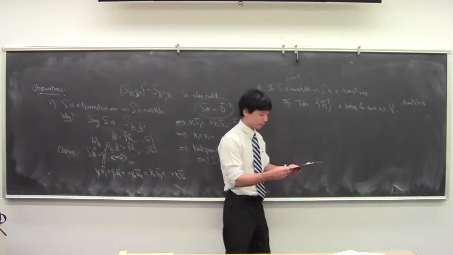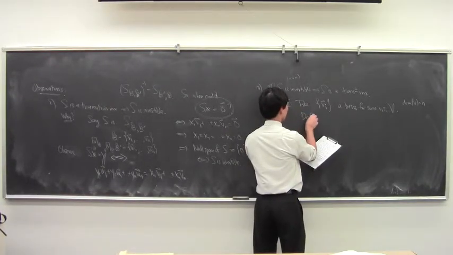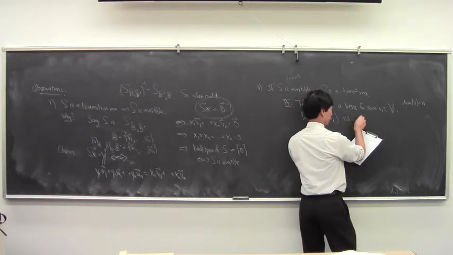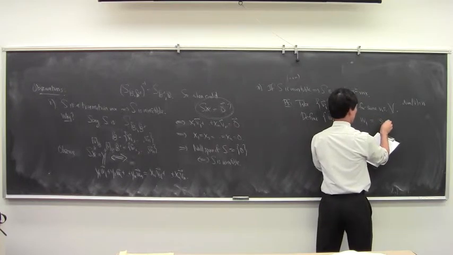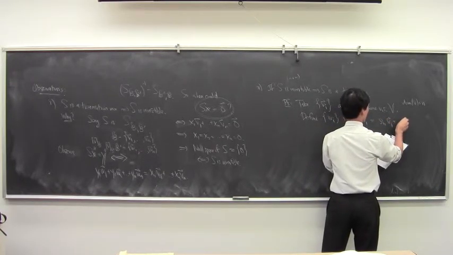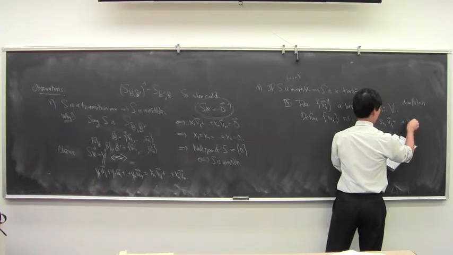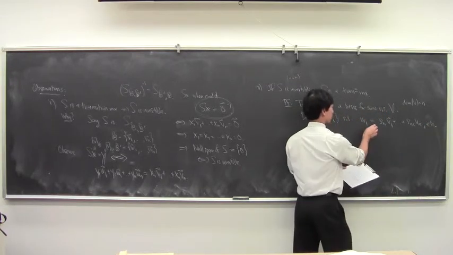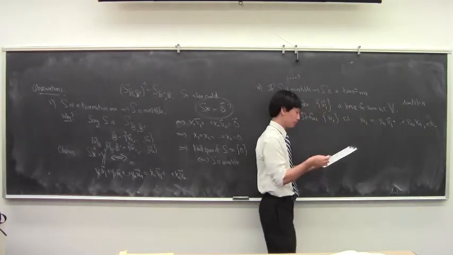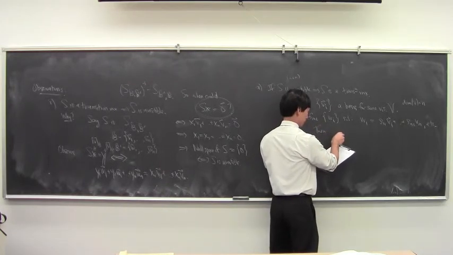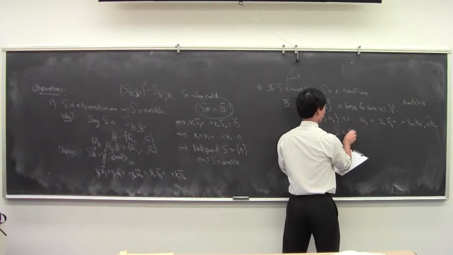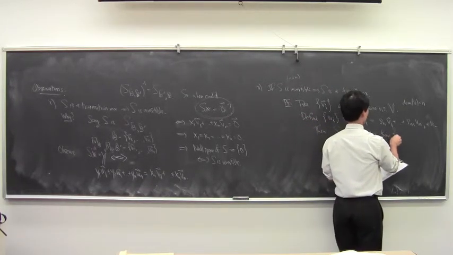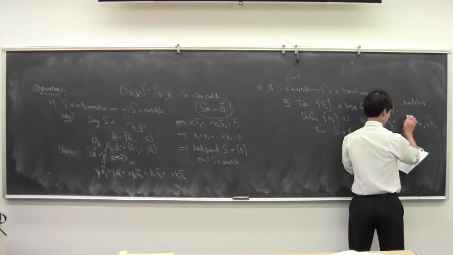Then you just do something very, very silly, which is you define the wi's so that w1 equals S11 v1 plus Sn1 vn, etc. Then S is the transition matrix from the wi's to the vi's.